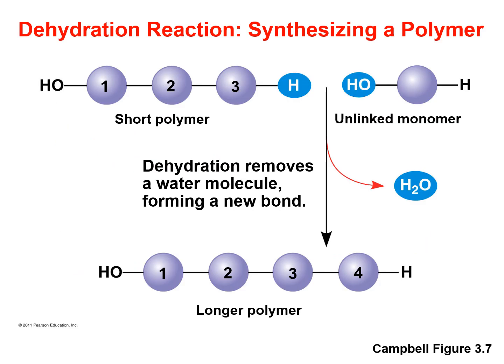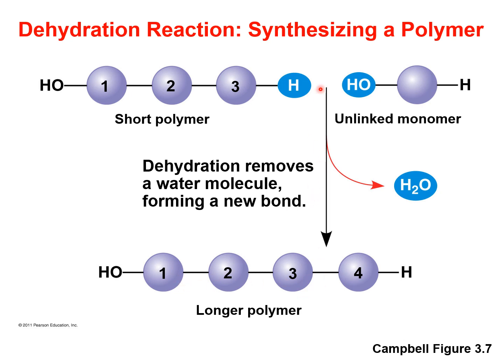So here's an example of a dehydration synthesis reaction. We've got a polymer that we've started, and we're going to make it longer by adding a monomer to it. We remove a water molecule and then make a covalent bond and join that monomer to the rest of the polymer.